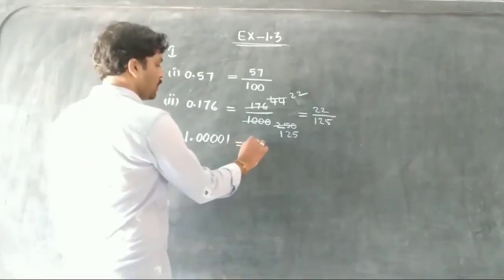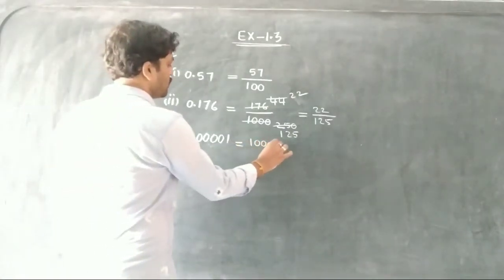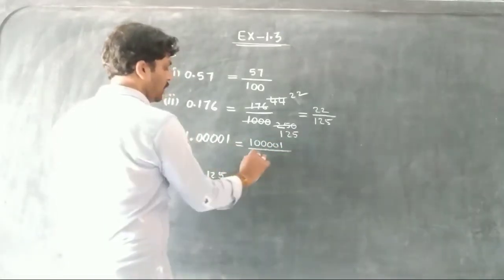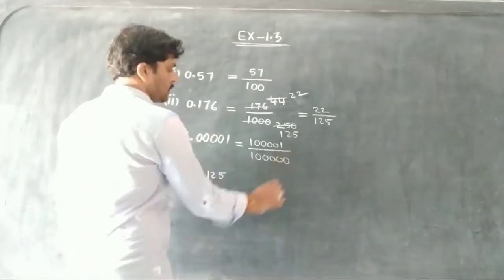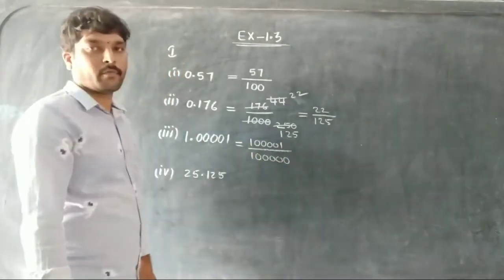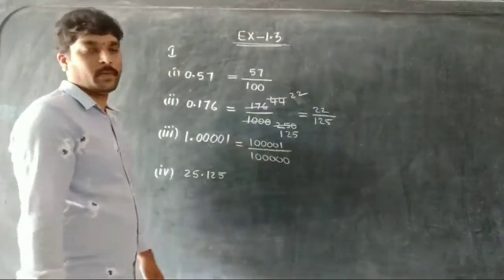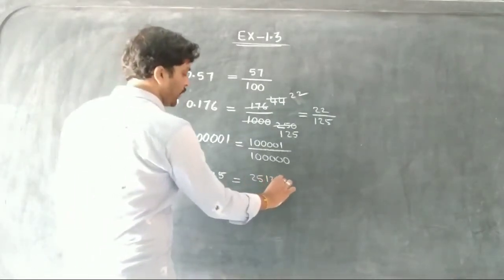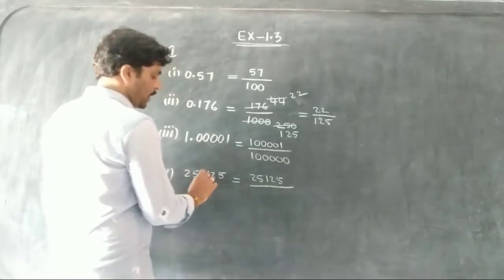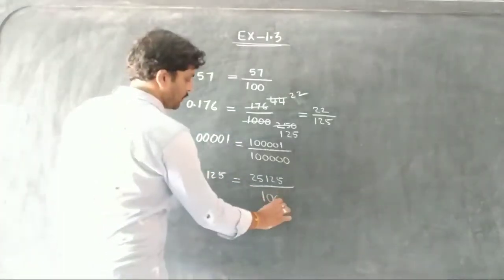Next one is 1 by 100001, here 1 2 3 4 5 zeros. These two do not have any common factor, so leave it in p by q form. Next, 25125 by 1000, since the point has 3 digits after it, so 1000.